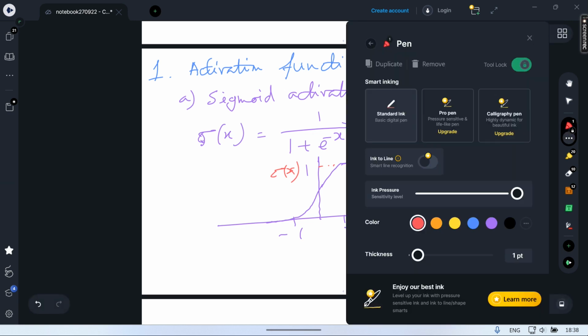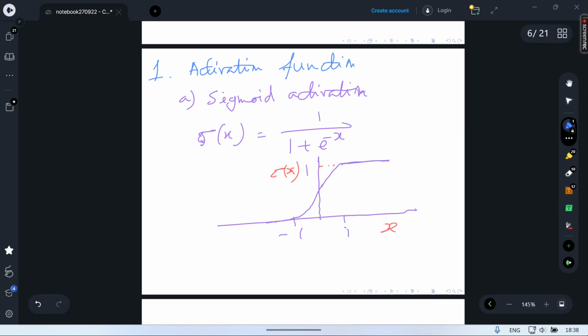Suppose your input lies in this region, it has some non-zero gradient. However, as the input goes beyond this region, it has a gradient very close to zero.